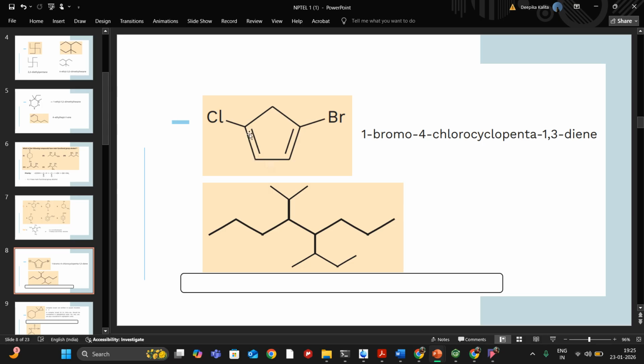As we have already studied in one of our previous examples, you have to give priority to the multiple bond. So hence we will give 1 here and the second bond will start at the 3rd position. Hence the name will be 1-bromo 4-chloro cyclopenta-1,3-diene.